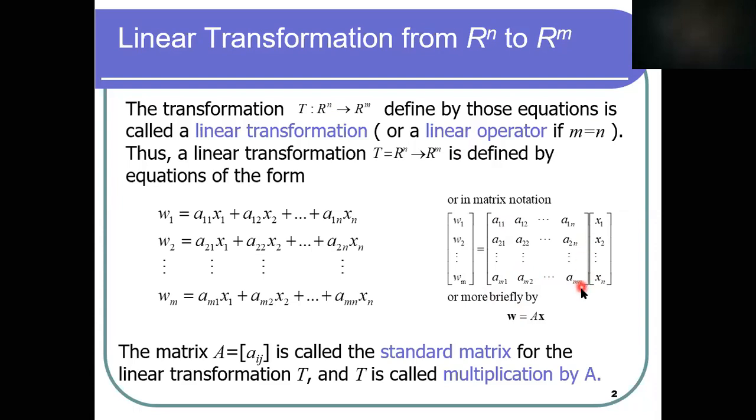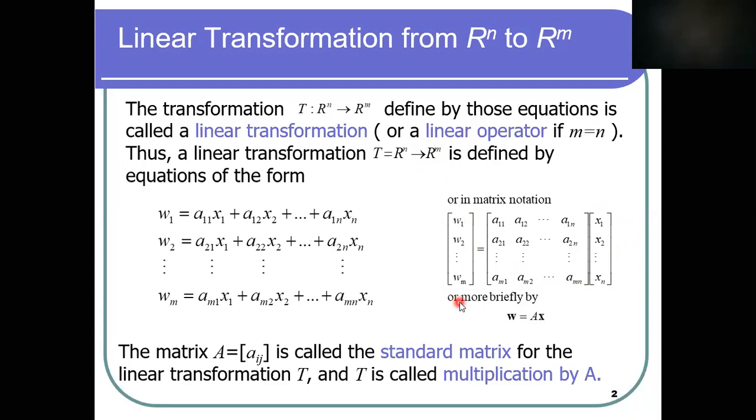If this m cross n matrix is multiplied with an n cross 1 column vector, you will get a column vector consisting of m rows and one column, which is surely an element of the codomain.